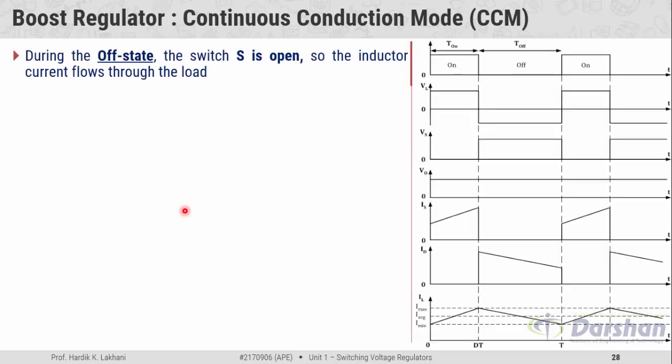During the off state, when the switch is open, inductor current flows through the load through the freewheeling diode. As we discussed earlier, during the second interval, voltage across the inductor is equal to Vi minus Vo, and we know the voltage drop across the inductor can be represented by the equation L into di by dt. So when we substitute VL is equal to Vi minus Vo, we get this equation.